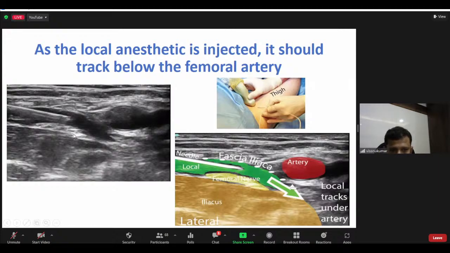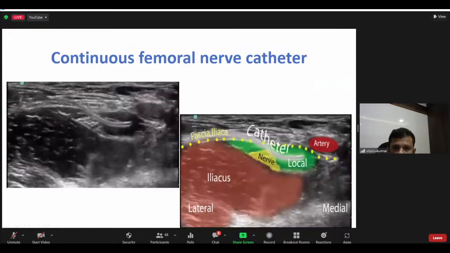Now if you want to place a continuous femoral catheter, you can use an 18 gauge Tuohy needle, and you can insert the catheter once we identify the femoral nerve. And once you give local anesthesia, again you have to be sure that the local anesthetic pool is present below the artery.